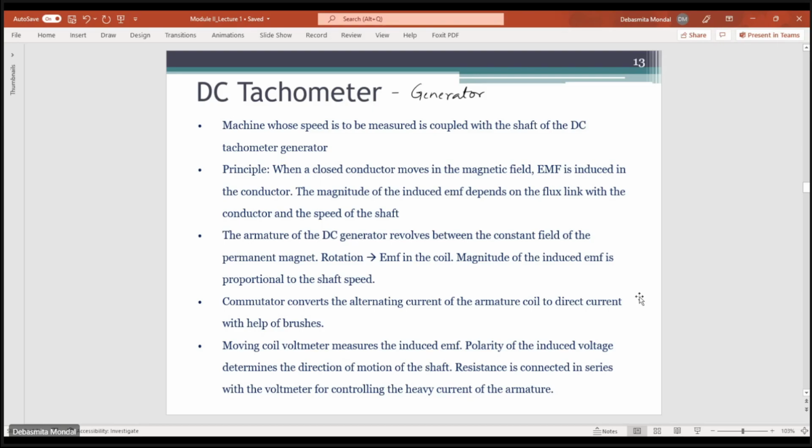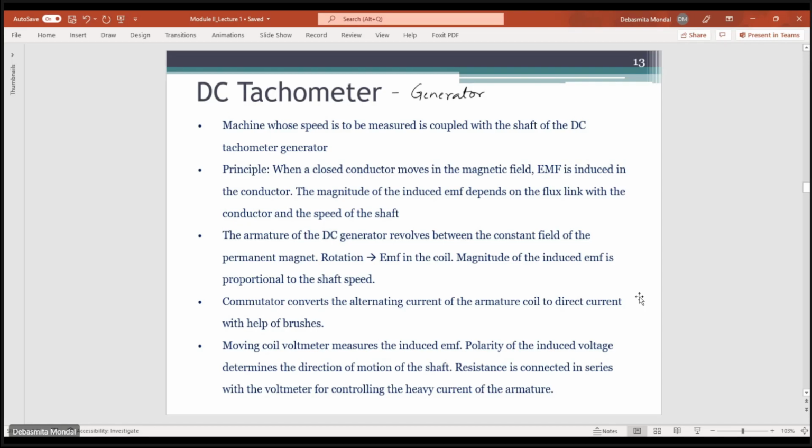So in order to control the amount of current coming out from the armature, such that the voltmeter is not damaged and is able to properly capture the output voltage, we are using a variable resistance.